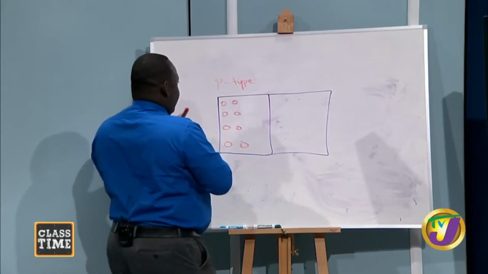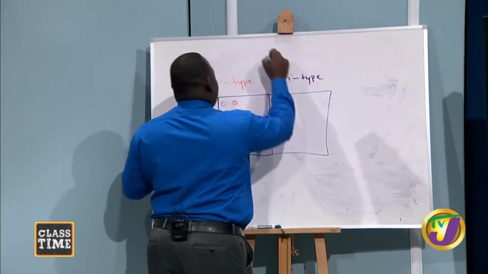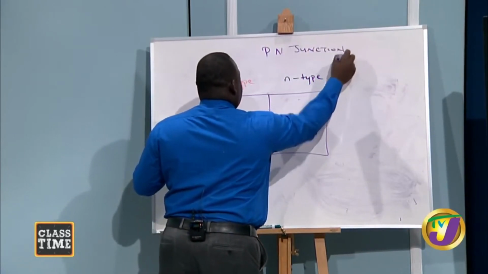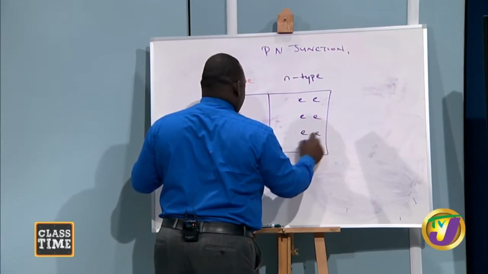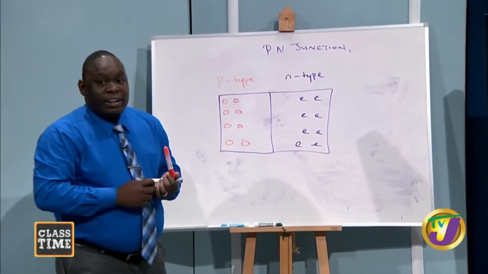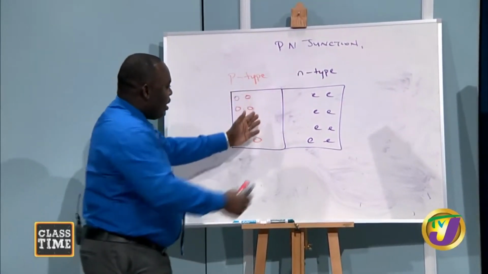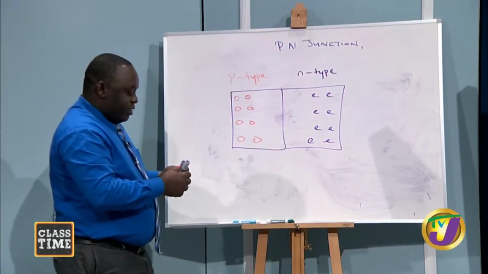And then we have our n-type. And that is where we actually end up with our what? p-n junction. That is where we end up with our p-n junction. So these are electrons that we're going to be having over here. Now, right across this barrier, this is where they fuse. So across where they're fused, we refer to it as a junction.